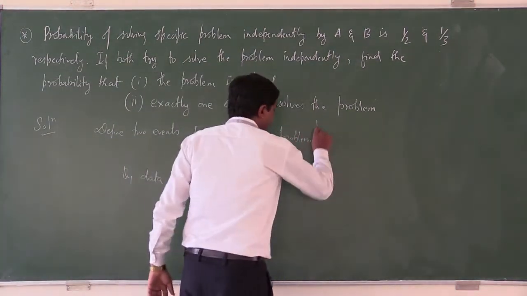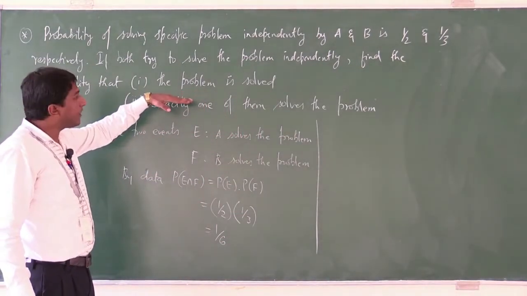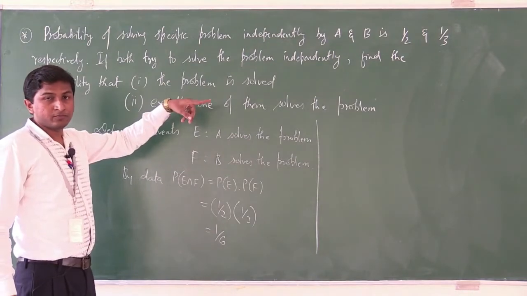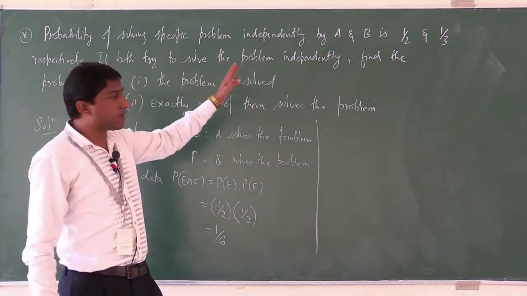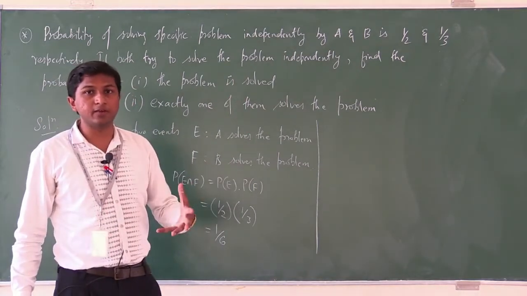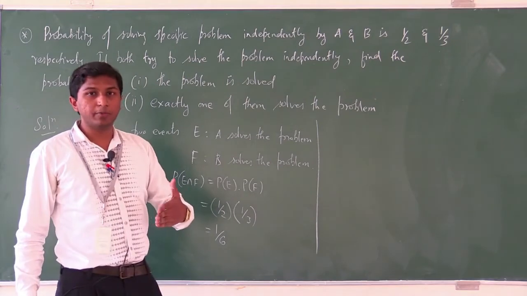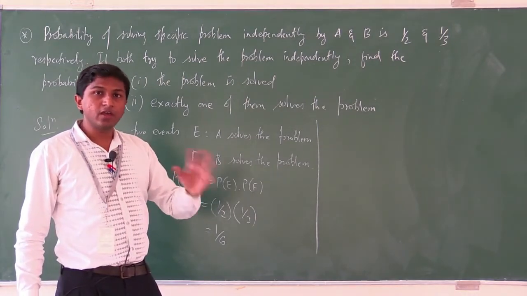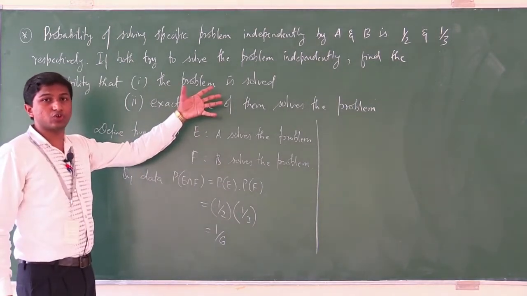Sub-question 1 is asking us to find out the probability that the problem is solved. When will the problem be solved? There are two persons here, person A and person B. Either person A needs to solve the problem or person B solves the problem. Even if both solve the problem also, the problem is solved.